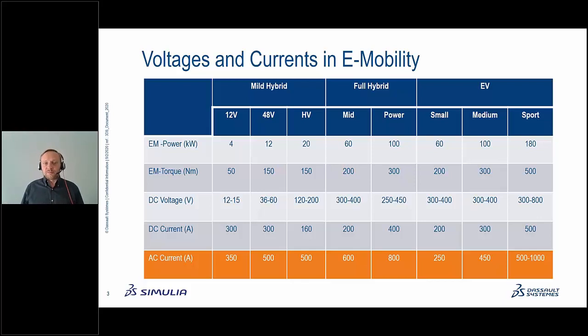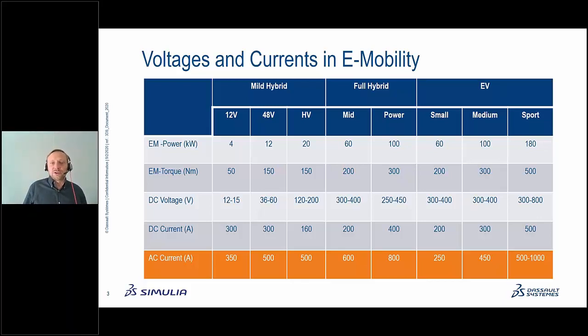These current values are so high that you need to think not only, during the integration of these components into the full vehicle, about, let's say, crash safety of these components, like the crash safety of the battery; you have to think how you will shield or how you will control the electromagnetic fields created by this very high current flow. It's an integral part of the vehicle design at this point.